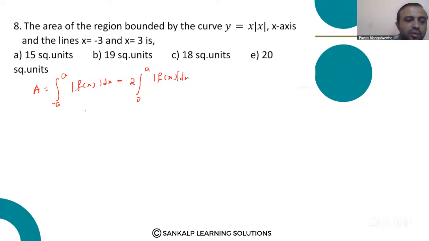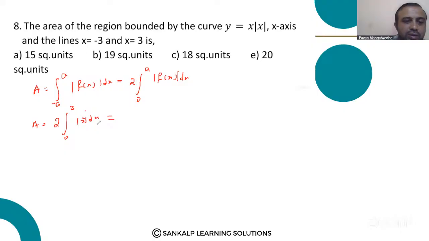It is a standard. Now substitute according to the given dimensions, that is 2 into integration of 0 to 3 of mod of x square dx, because we already know that x square is greater than or equal to 0 for all x, where the absolute value is x square.